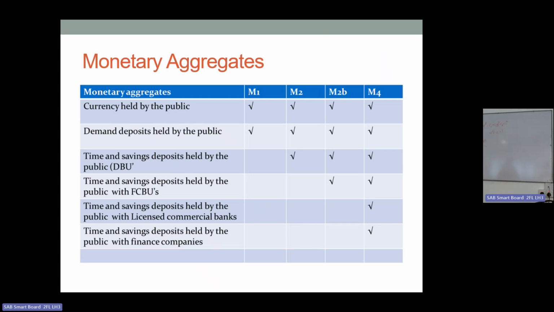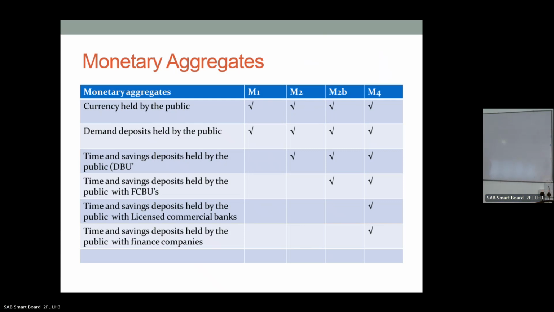M1, the narrow money concept, means currency and demand deposits held by the public in commercial banks. Demand deposits are current account balances.